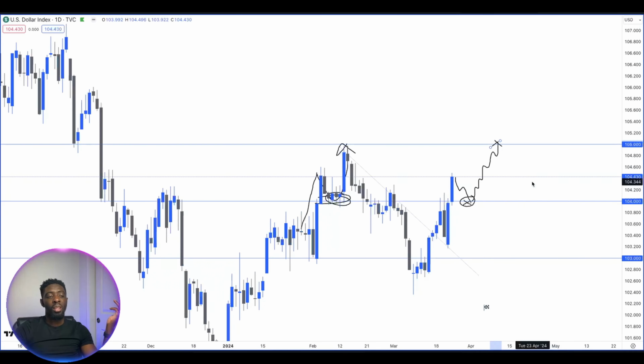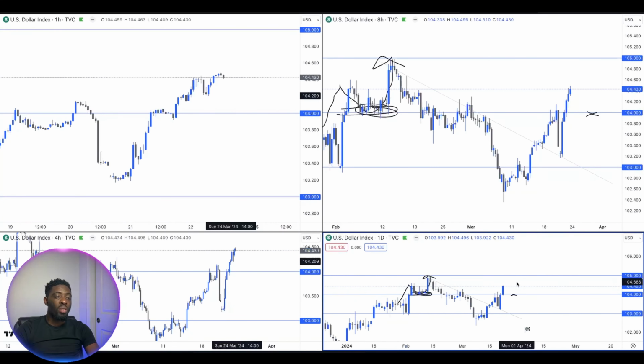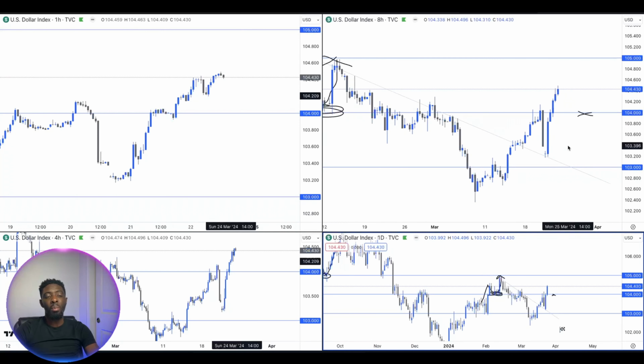Another possibility is for price to get to say 104, and depending on how the sellers come in, you might see a breach of this area, and again a test of this area, and then a move to the downside. It's that simple, it's that easy. There's not a lot you can do, and you have to keep it simple like this, guys. Just keep it simple and move down to other time frames to see if there's anything that makes sense.